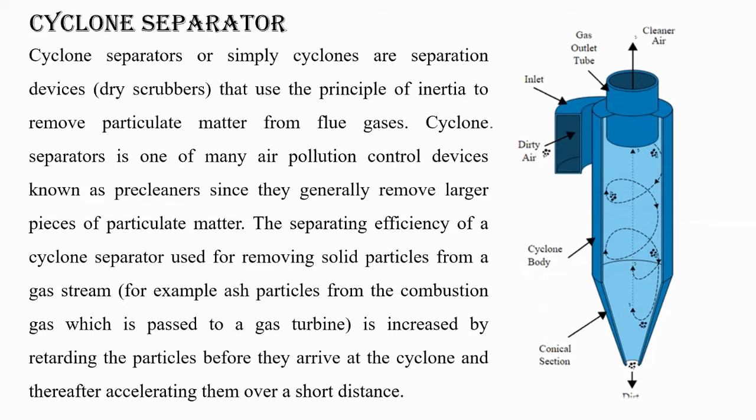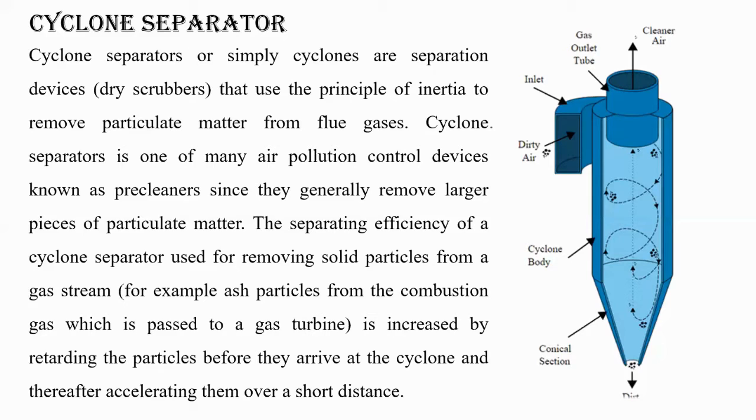The separating efficiency used for removing solid particles from a gas stream is increased by retarding the particles before they arrive at the cyclone and thereafter accelerating them over a small distance. For example, the ash particles from the combustion gas which is passed to a gas turbine.